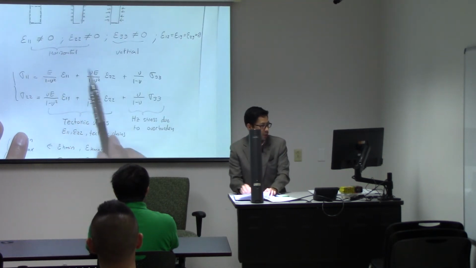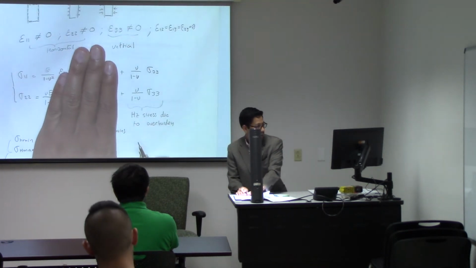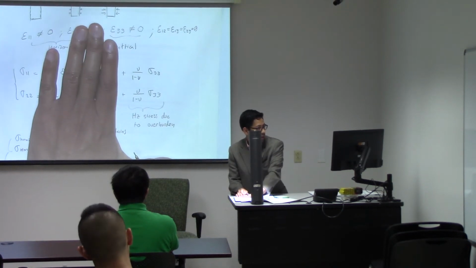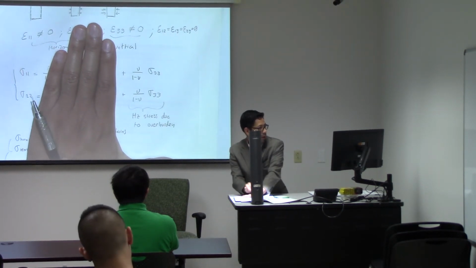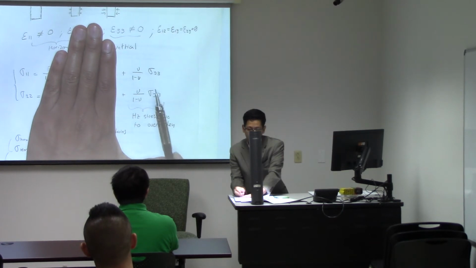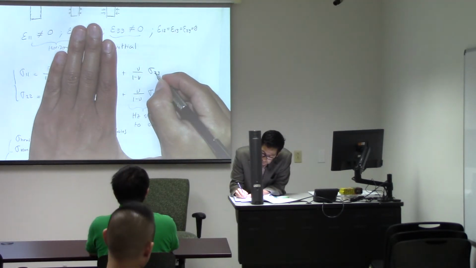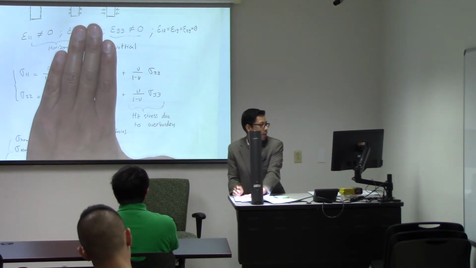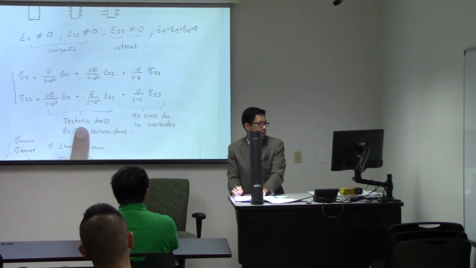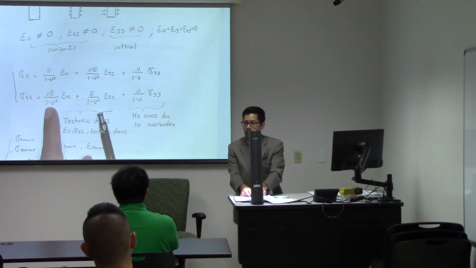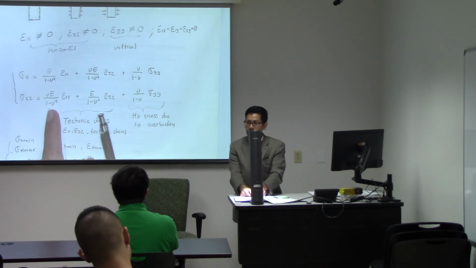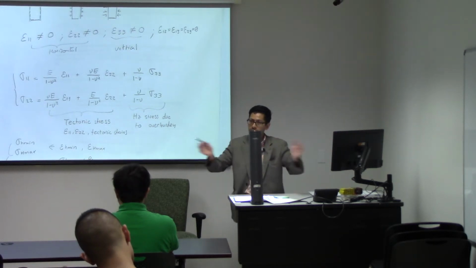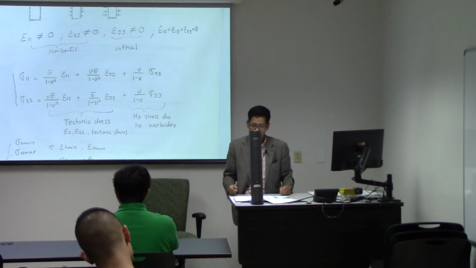If there are no tectonic strains, your equation is just that, and these two are the same. If there are tectonic strains, you need to consider these four additional terms. The tectonic strains are going to increase the horizontal stresses.